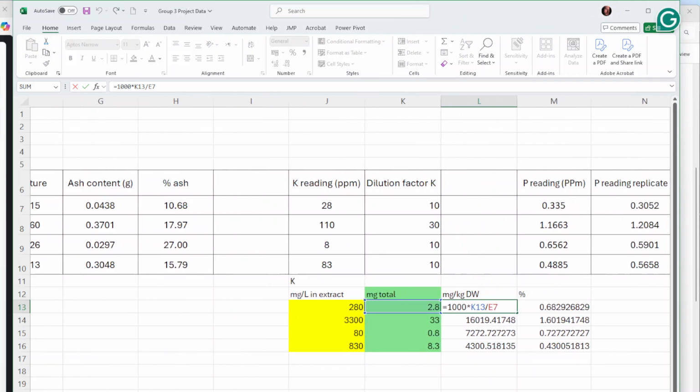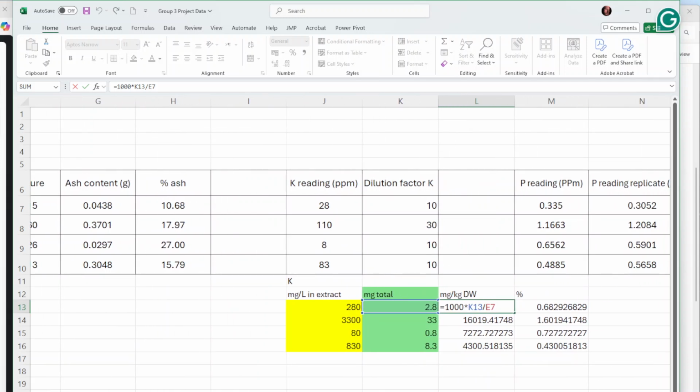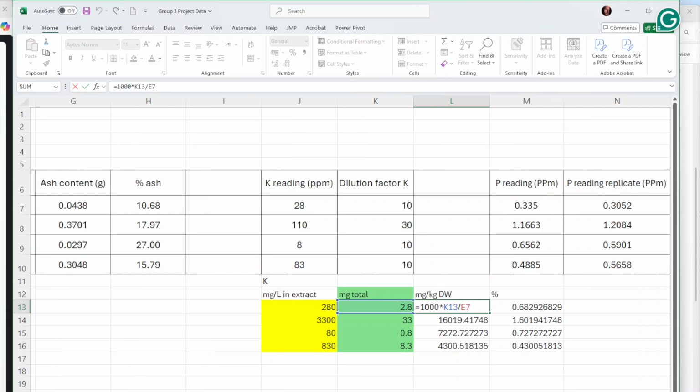This way I will get the concentration per kilogram and not per gram. So you just have to mimic this formula when you go to your data and do it the same way. All right, so this is the total amount of milligrams per kilogram of dry weight that you have in your plants.